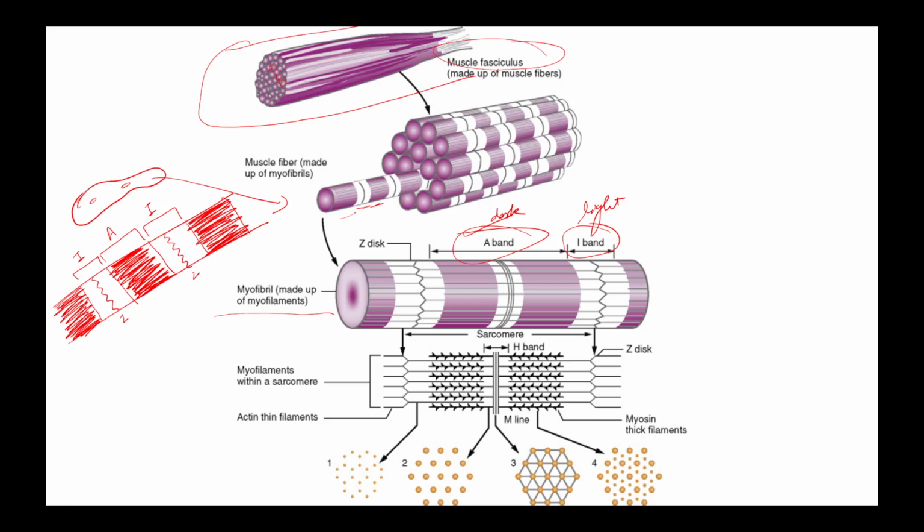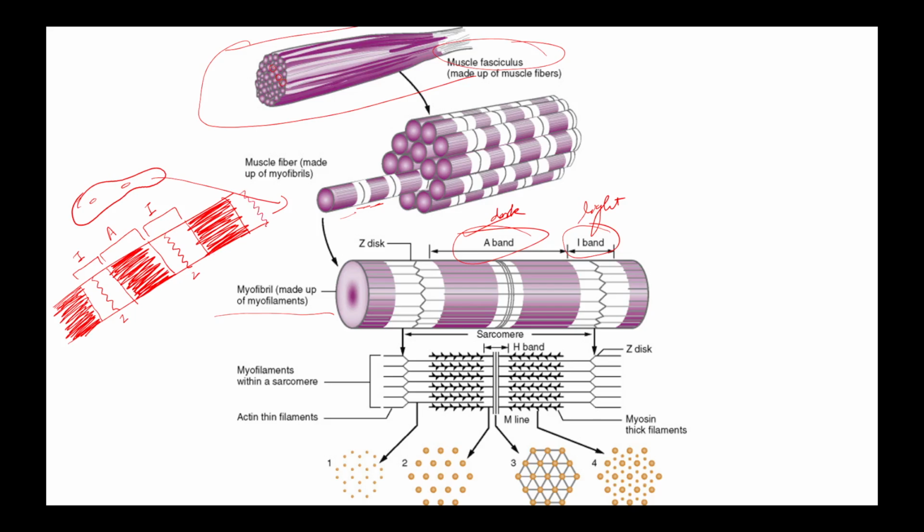It has been observed that from one Z disc to another Z disc, it covers half of the I band, one full A band, and half of the I band. Then again half of the I band, one full A band, and again half of the I band.